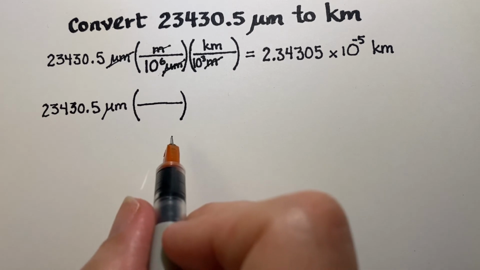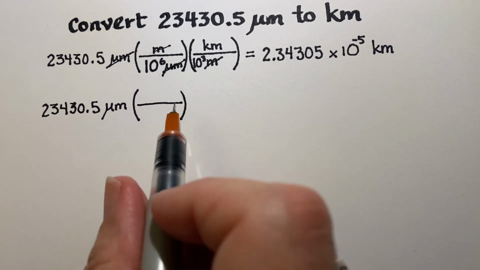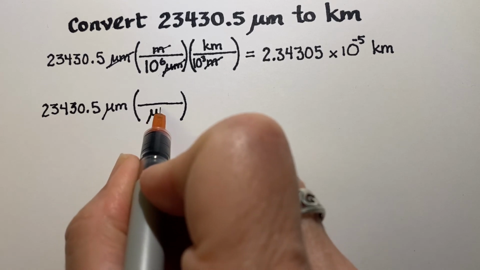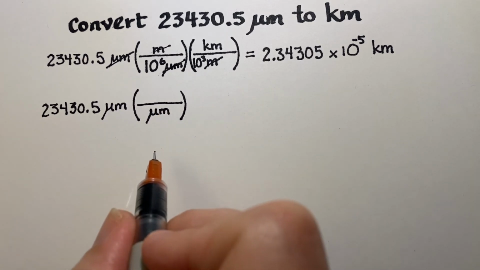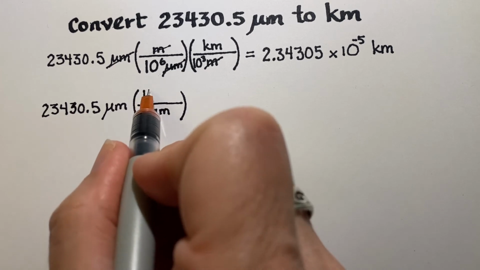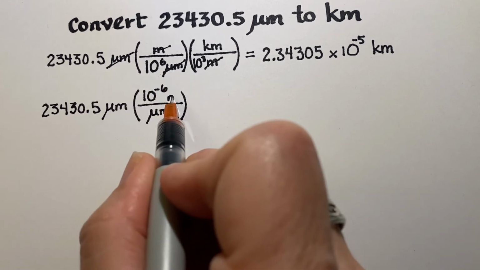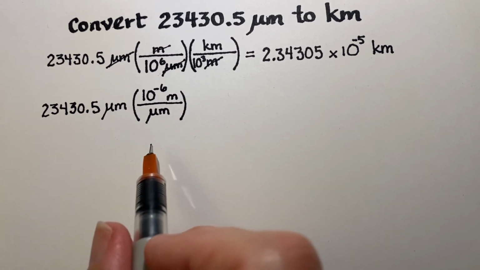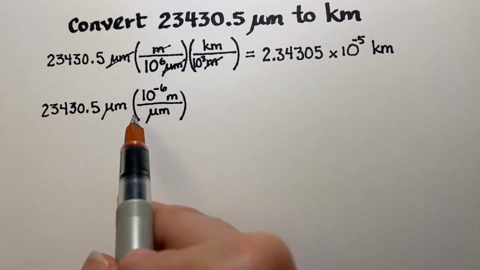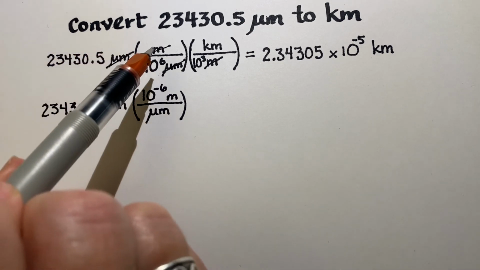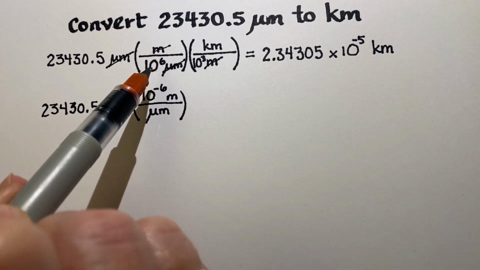to show these conversions. And that is that 1 micrometer is the same as 10 to the minus 6th meters. This ratio here means the exact same thing as this one here.